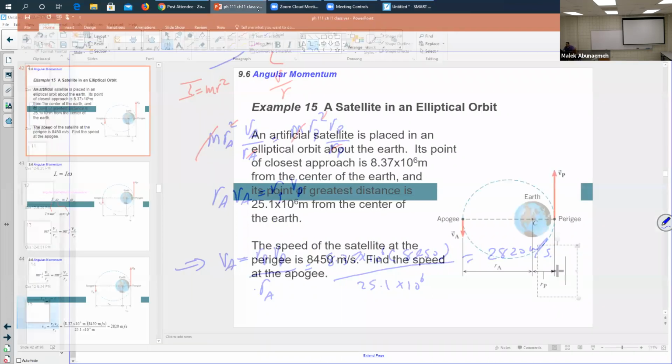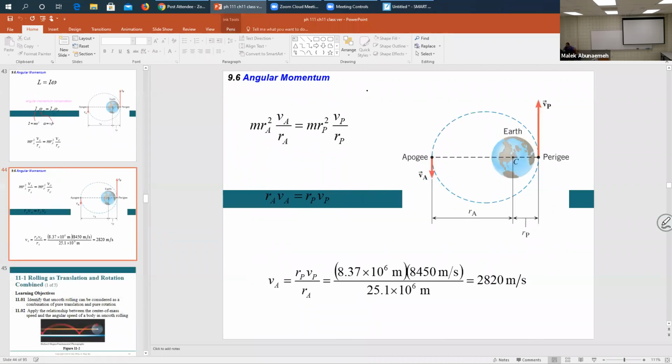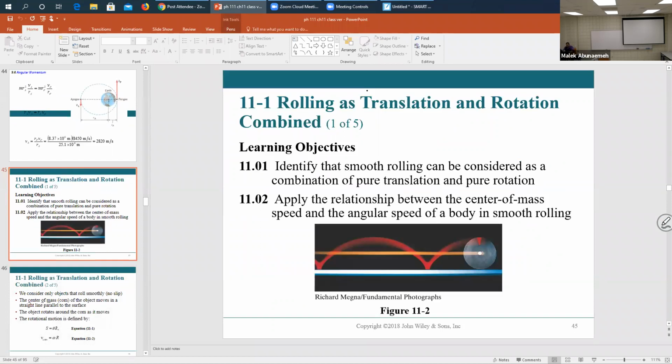Let's check. Your angular momentum equals I omega. I, the moment of inertia, is MR squared. Omega, your angular velocity, is V over R. So MR squared VA over RA equals MR squared VP over RP. Awesome.